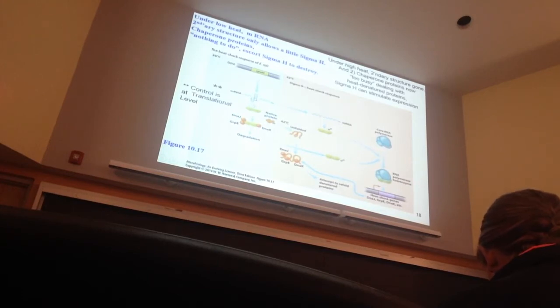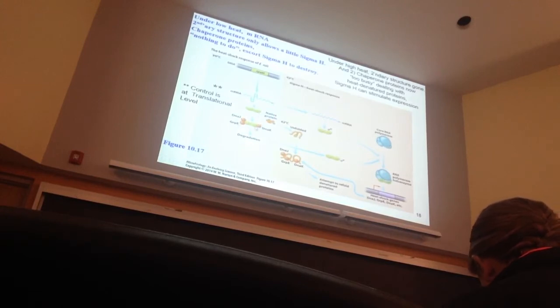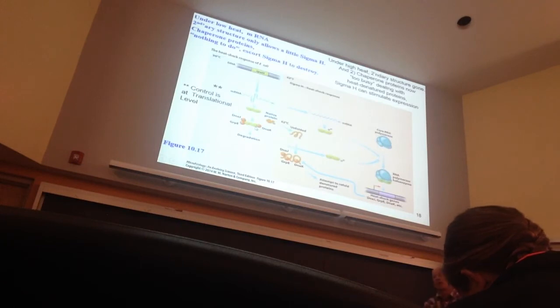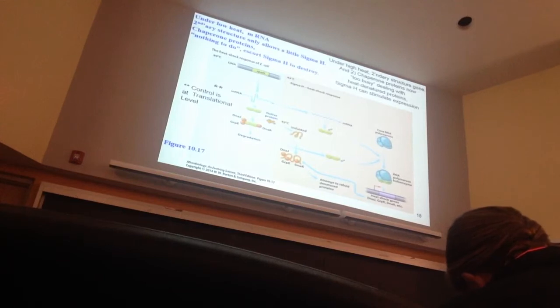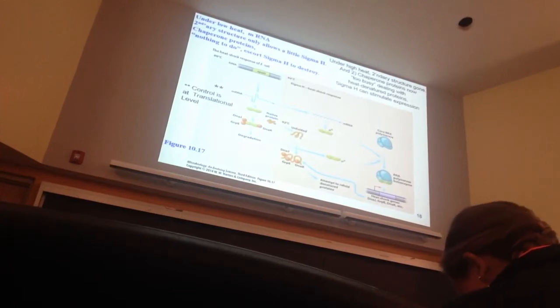Okay? So those are two effects. One, you get the secondary structure, so you get little production of the sigma factor. And then the second reason why there's not much of the sigma factor at low temperature, at 30 degrees Celsius, is these chaperone proteins, which are sitting around with everything's great, no damaged proteins, so I'm going to dock to this sigma factor and degrade it.